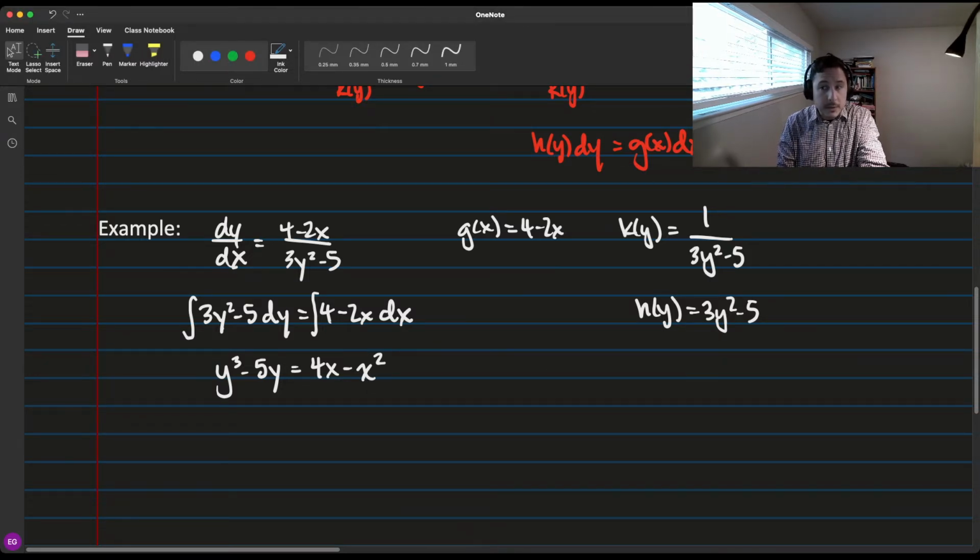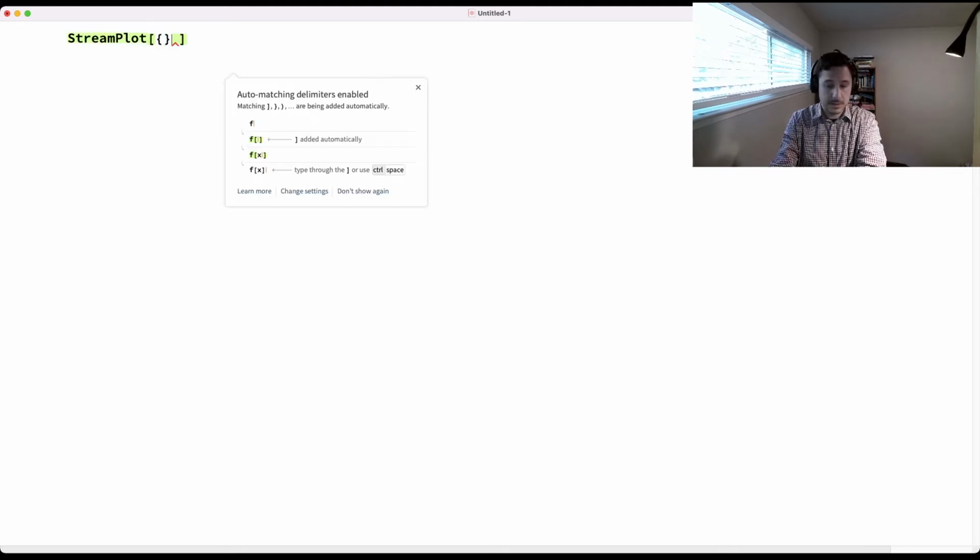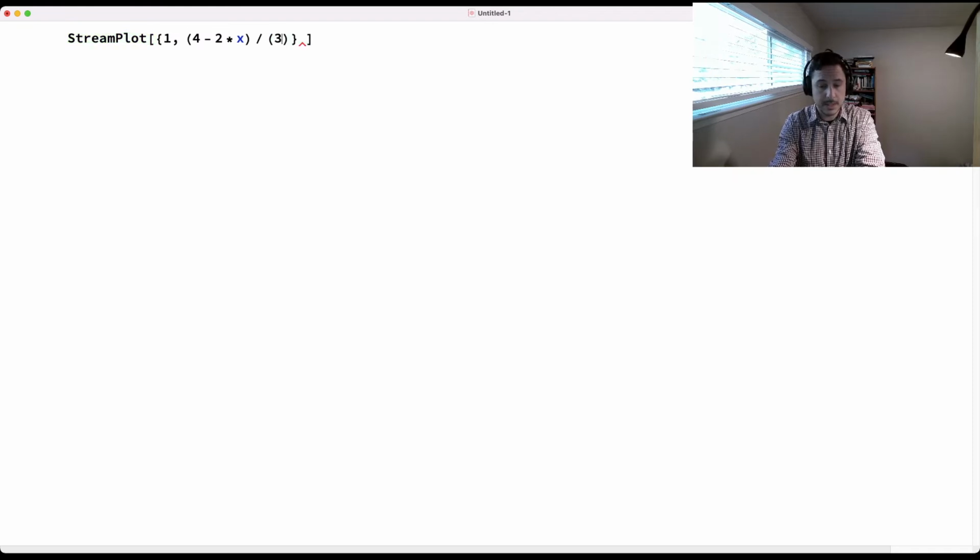So bear with me a moment while I change my screen to Wolfram. There we go. Okay, so let's use a stream plot. Remember you want 1 comma what your dy/dx is. So your dy/dx in this case was (4 minus 2 times x) divided by (3 times y squared minus 5).